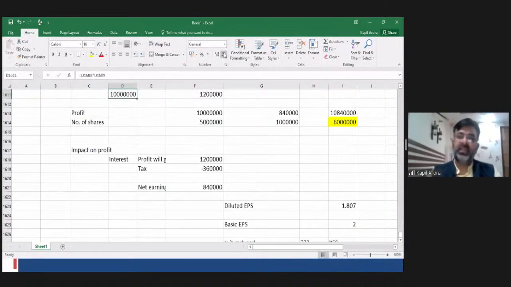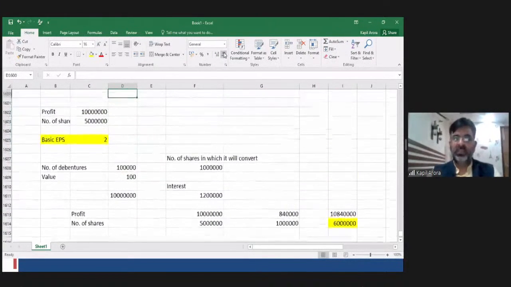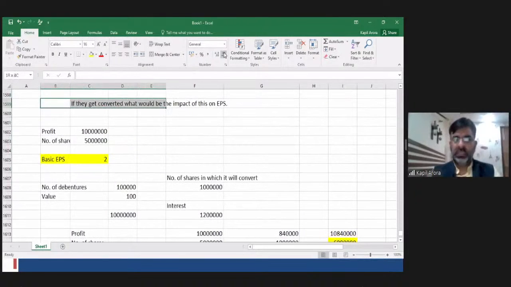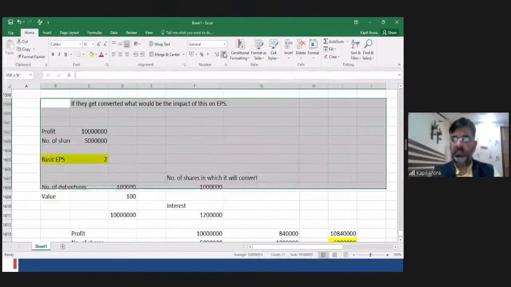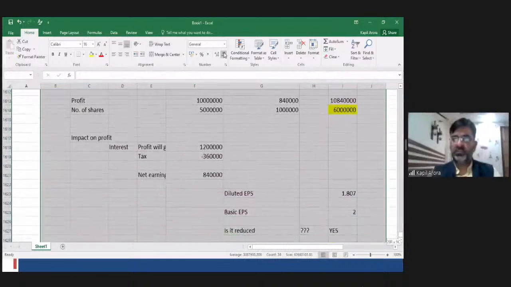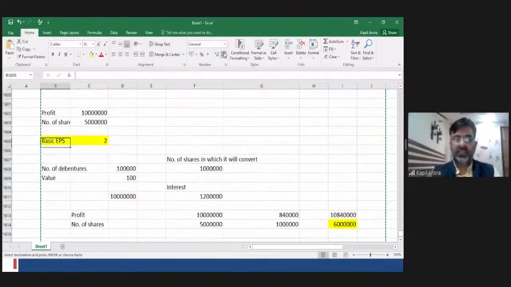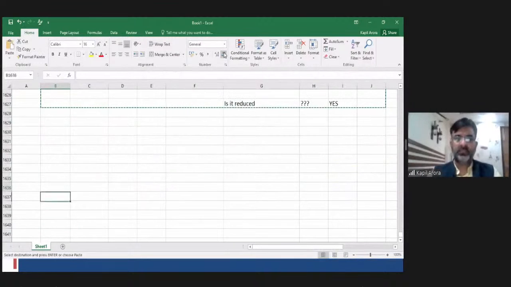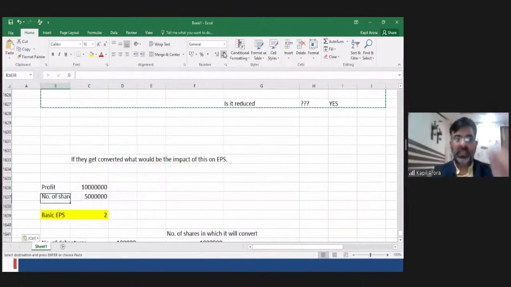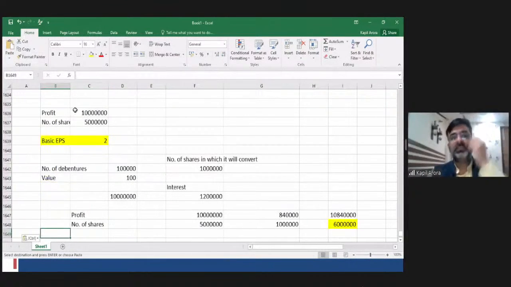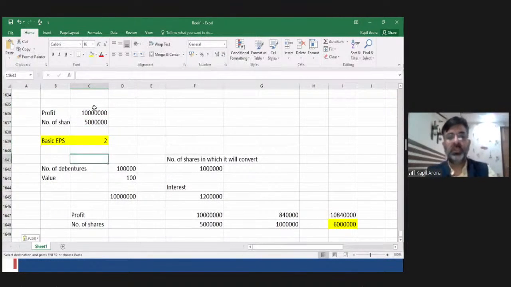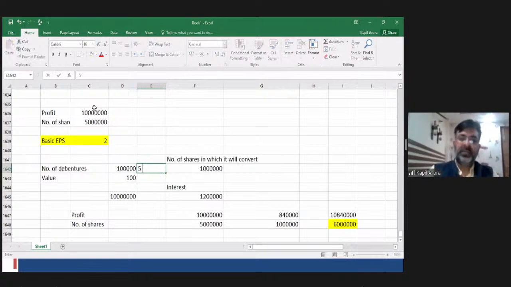Now I take another scenario here. Let's change the scenario just a bit and understand what is going to happen. I have taken everything the same, and I say that profit was 1 crore, number of shares was 50 lakh, basic EPS 2, number of debentures are 1 lakh, but these debentures will be converted into 5 shares each.